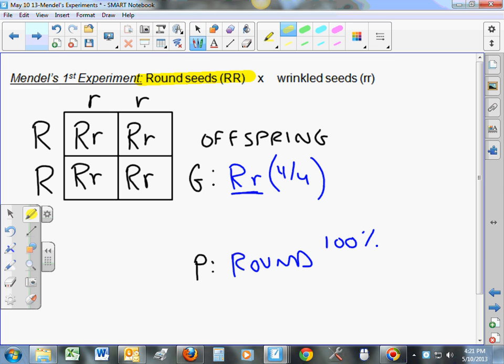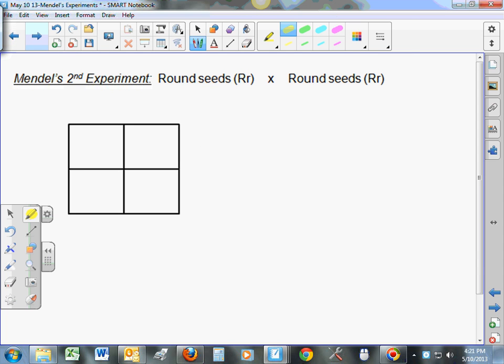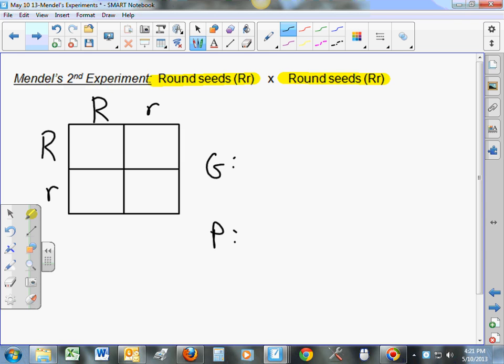So then he takes the offspring plants, so maybe he takes these two, and he crosses them together. So now they've got round seeds crossed with round seeds. And here's the genotypes. And when we cross them, here's what we get. Now remember, if you have a capital letter, you should write it first.